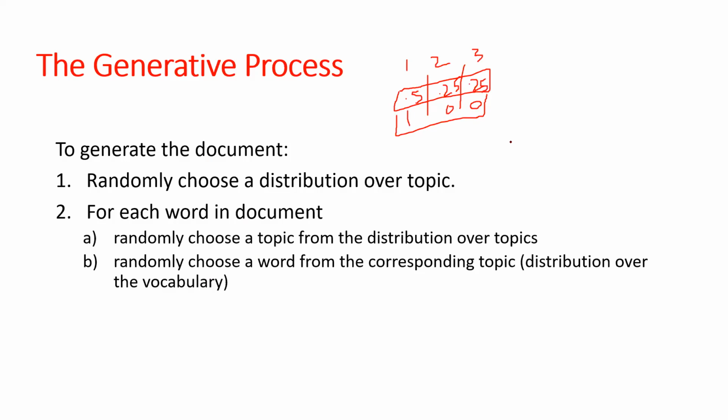So what we do in this full Bayesian modeling technique is we assume that there is a distribution of a distribution, right? You can take a vector of these 3 dimensions, and this vector is always a distribution. If you sum this vector, it is 1.